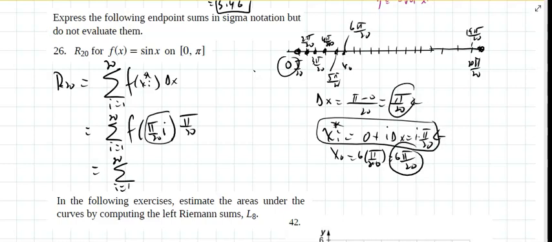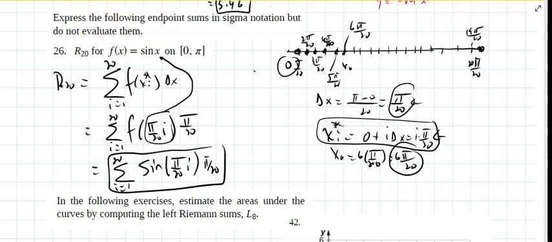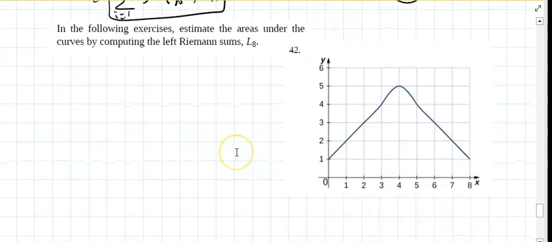F of x sub i is pretty much putting that in there. That's the sine of pi over 20 i times pi over 20, which means i equals 1, then i equals 2, i equals 3, and you evaluate all of that. That's all they want.